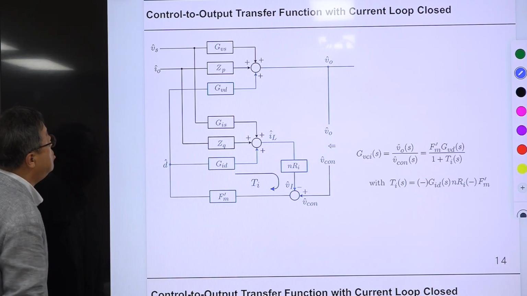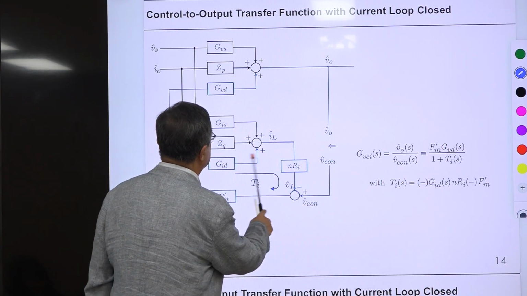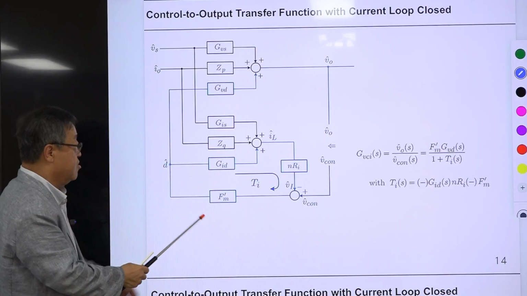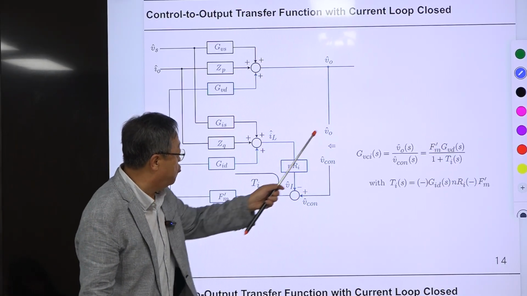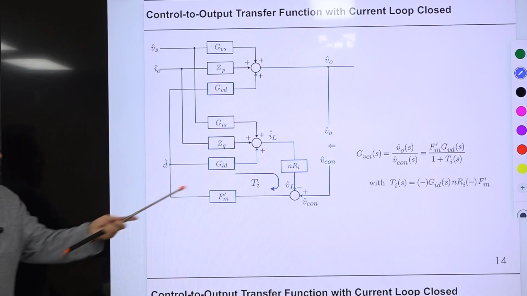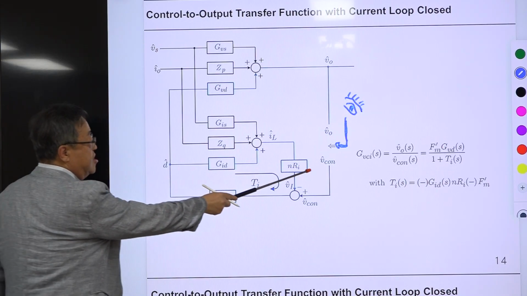This control is called two-loop control or multi-loop control because there is one loop, called TI, and there is another loop, TB. Originally it was connected with some voltage feedback compensation, but we take that out, and you are looking into the circuit through this opening. Then this is the input and this is the output.